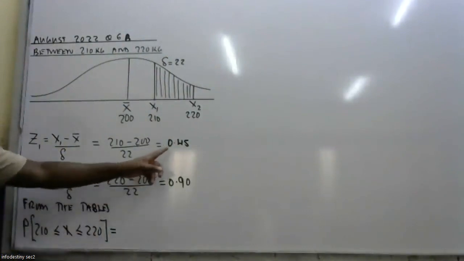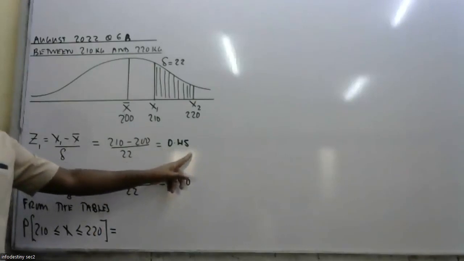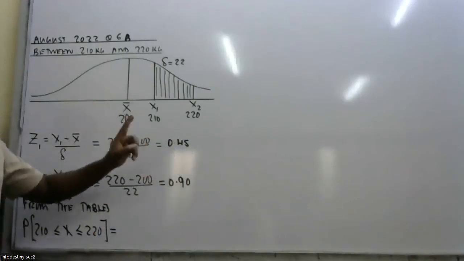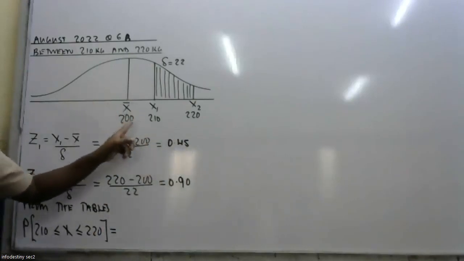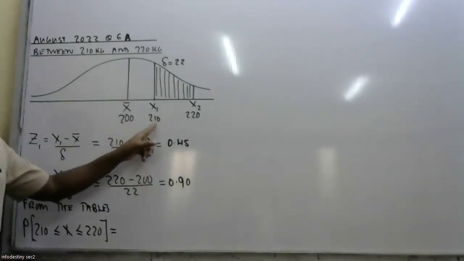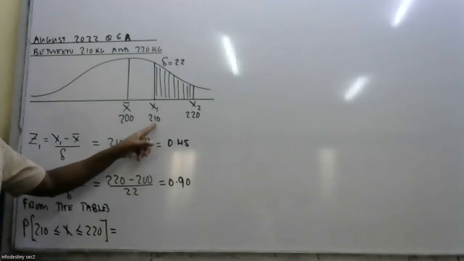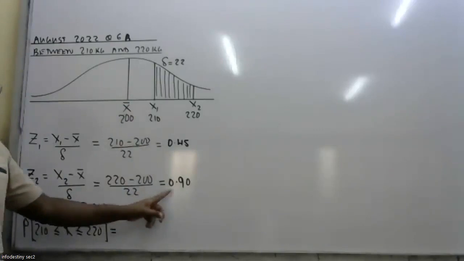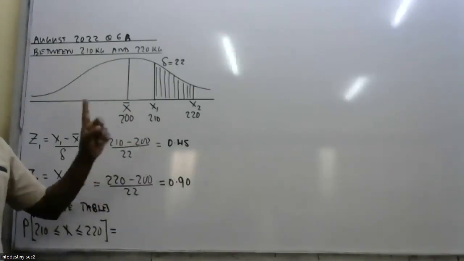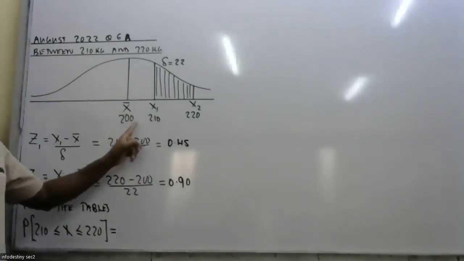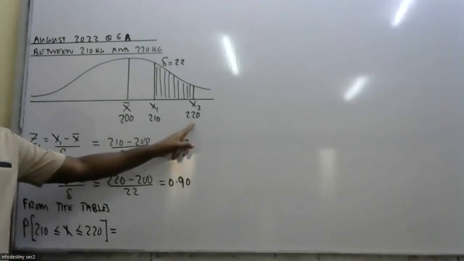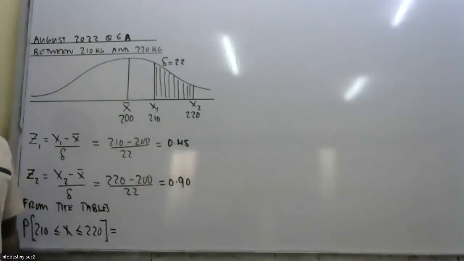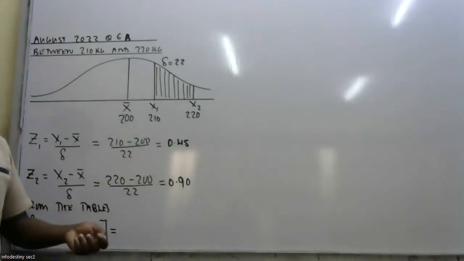When you read this one, 0.45, it will give you the probability from 200 to 210, as the interval. Is that what you want? No. When you read this one, 0.9, it will give you the probability from 200 to 220. Is that what you want? No. So how do we get what we want?